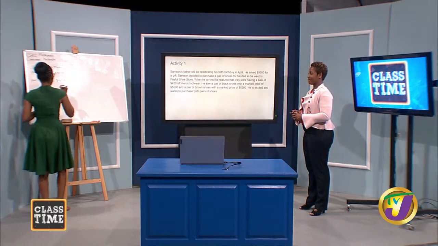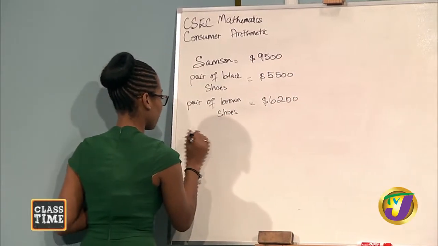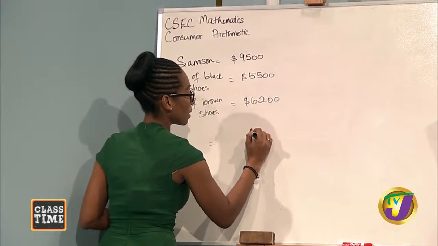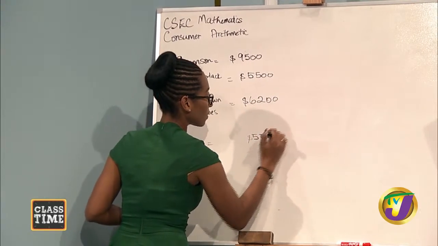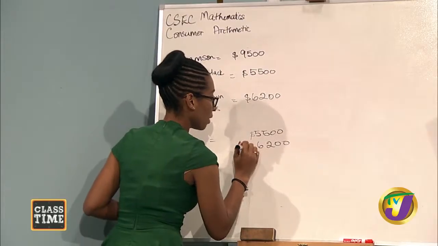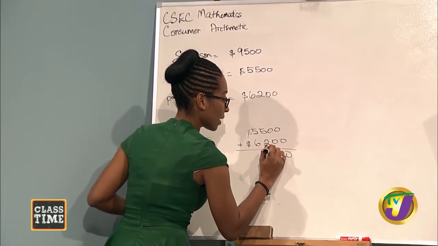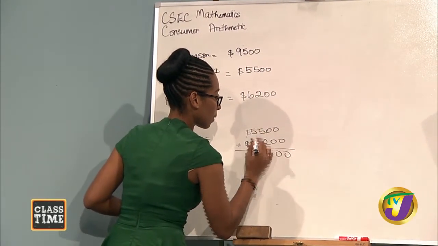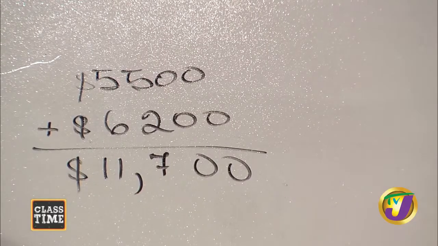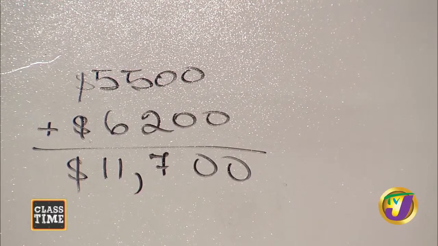So the total that he would spend is my $5,500 plus my $6,200, which would definitely give me $11,700. But I'm not finished yet.